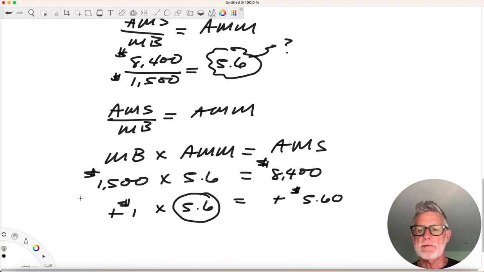I didn't quantify that in the last video. I didn't tell you how a dollar deposited can multiply the level of money in the banking system. But now I'm showing you this. So if you add $1 to the monetary base, you can add $5.60 to the actual money supply.